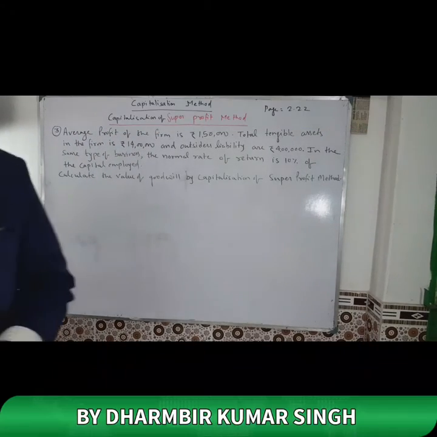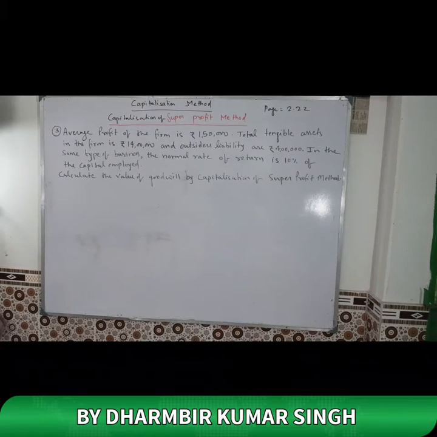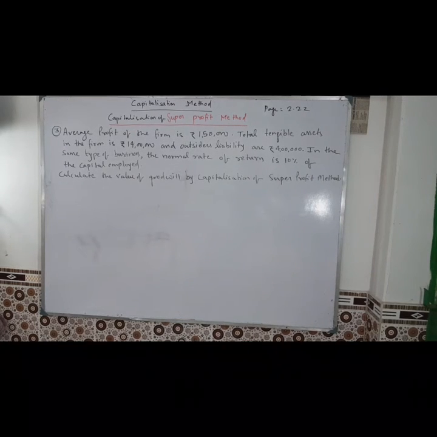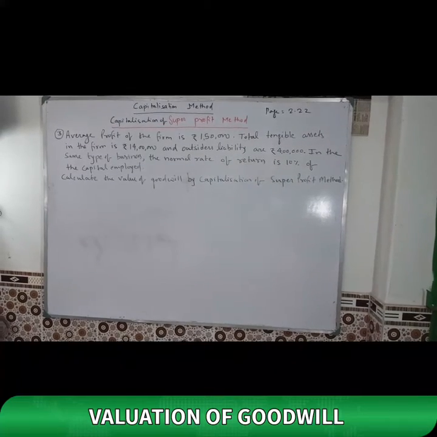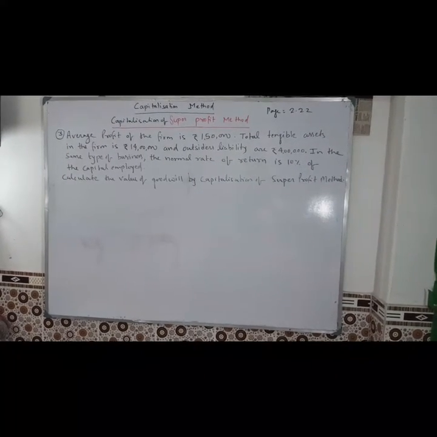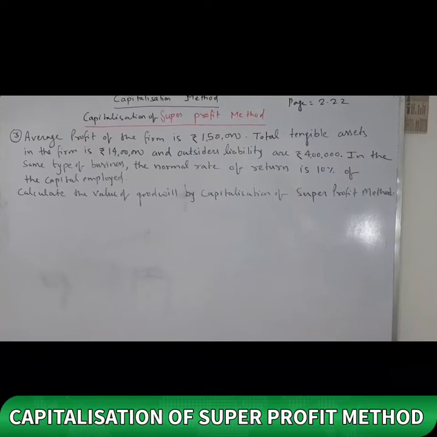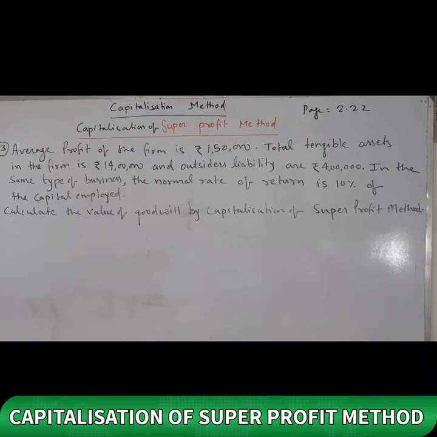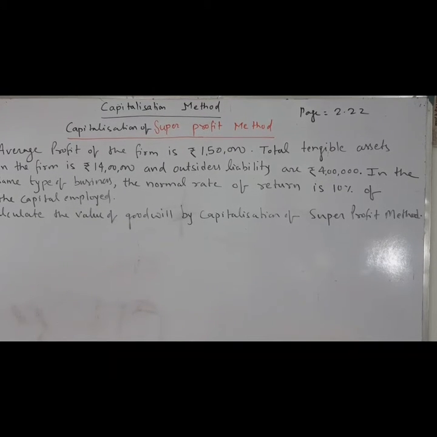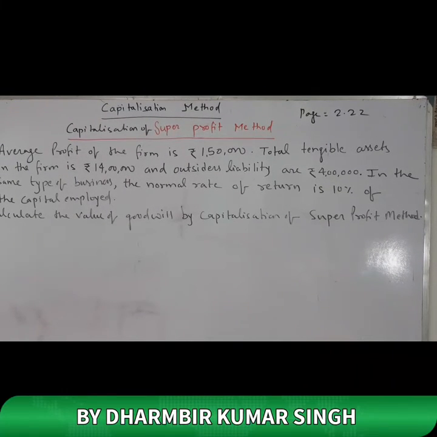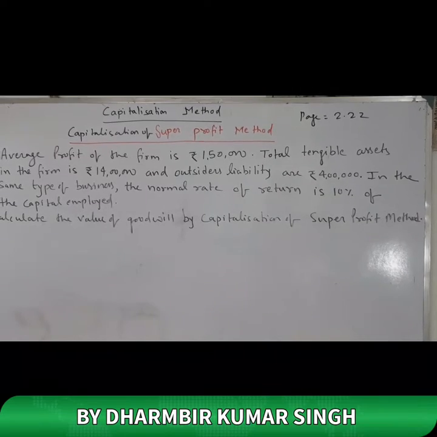At first, see the question properly and understand it. The average profit of the firm is 1,50,000. The total liability in the firm is 14 lakh.